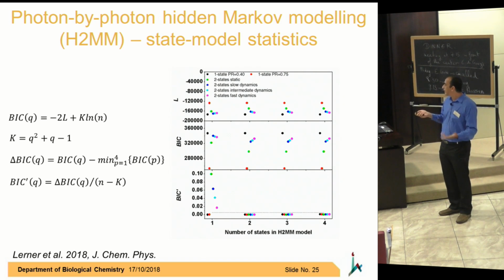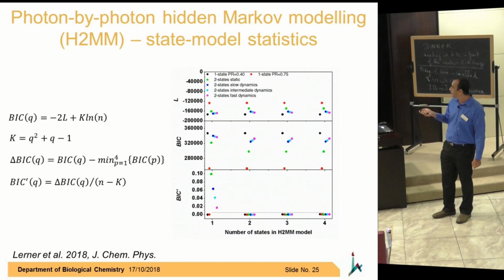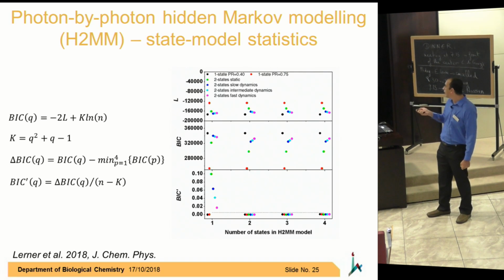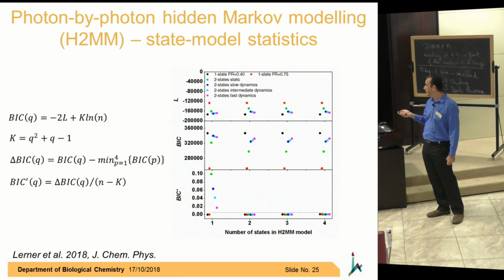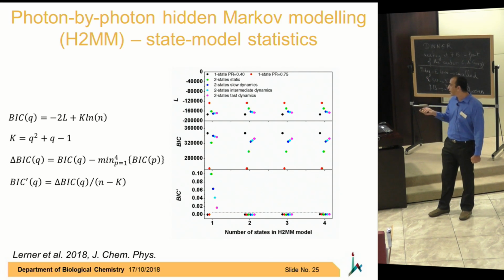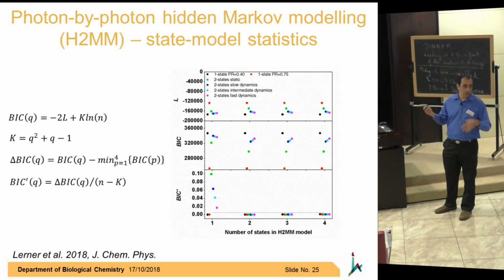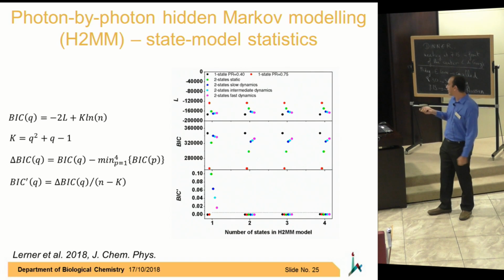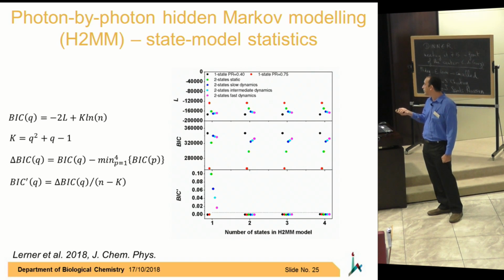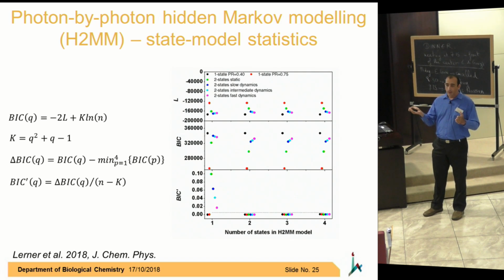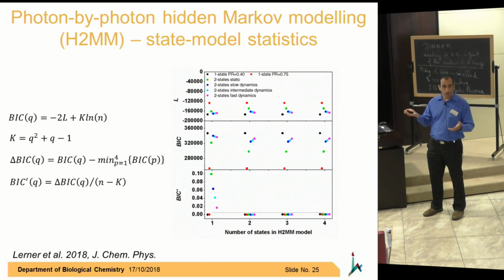So there are many estimates of that relying on the minus log likelihood, which is here. One of them is the Bayes information criterion that tries to weight the log likelihood with the number of parameters and the number of data points you have, where Q here is the number of states, and the number of free parameters you have for a given state model is the number of states plus the number of overall rate constants.